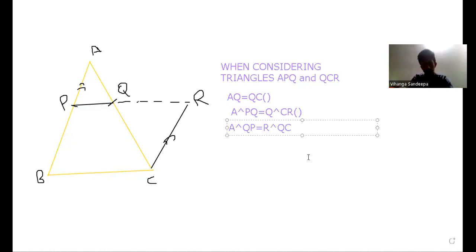Reason is vertically opposite angles. So we can say that triangle APQ and QRC are congruent by the case AAS.